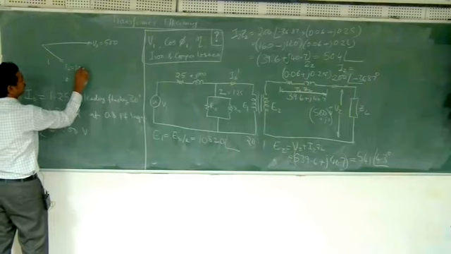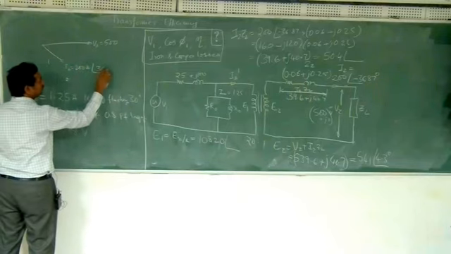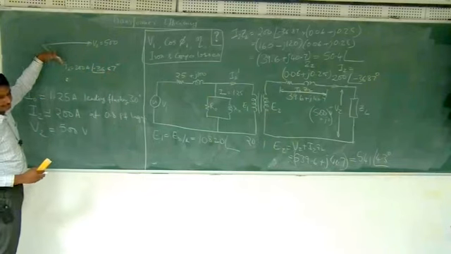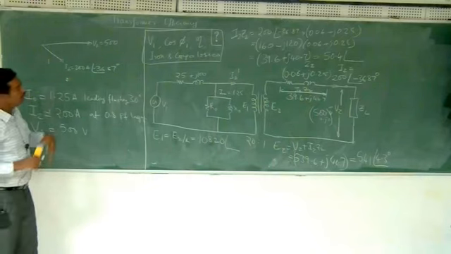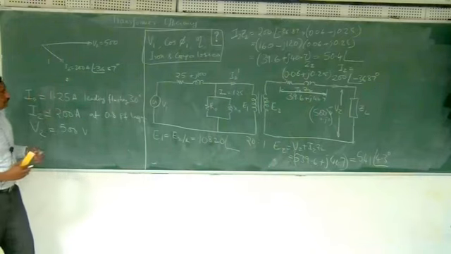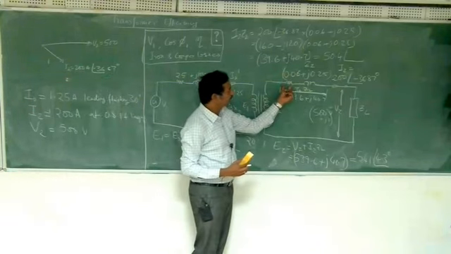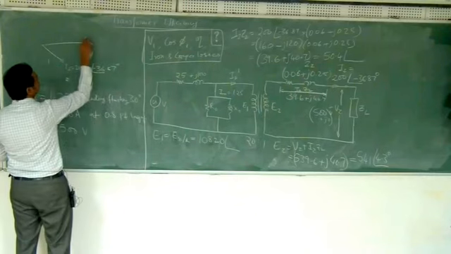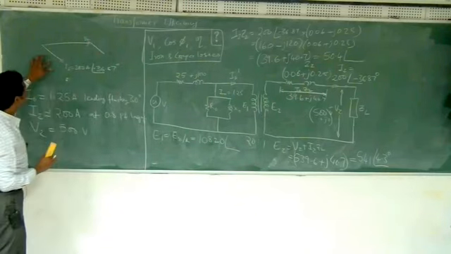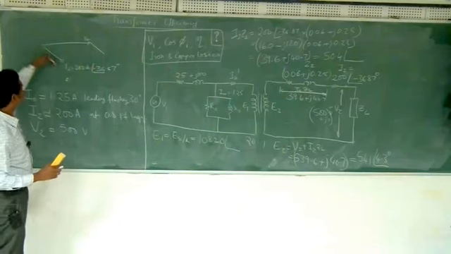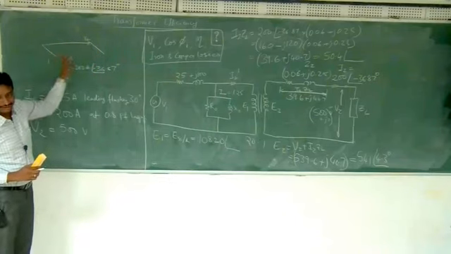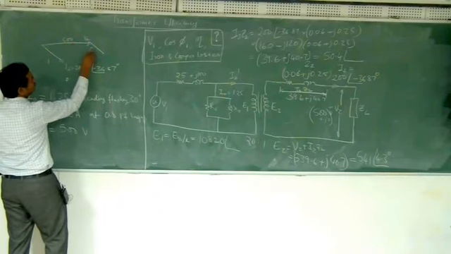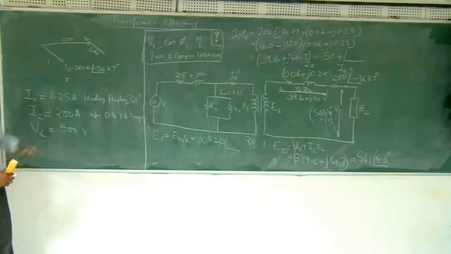I2 is 200 amperes at an angle of minus 36.87 degrees. I2 into R2 will be the drop here, in phase with I2. So just to add to V2, I'll draw it like this, and these two are parallel. This is in amperes and this is in volts, so the scale is different. But see that this length is 500 and this is I2 R2, and it will have some angle.